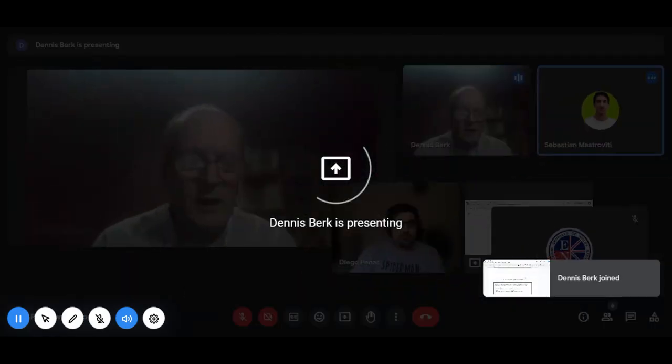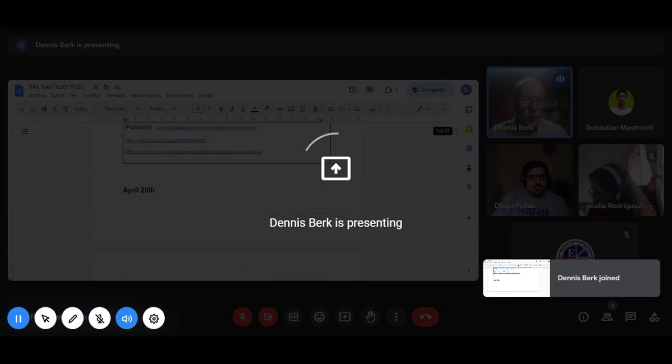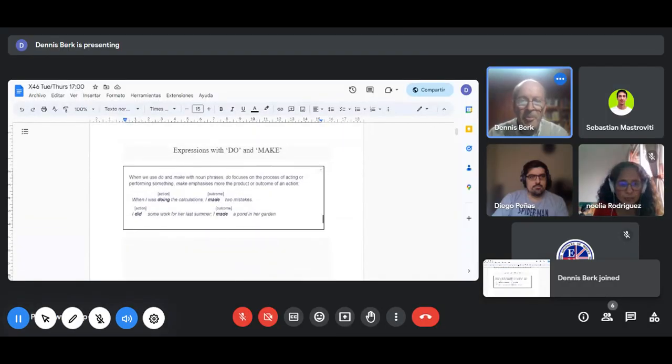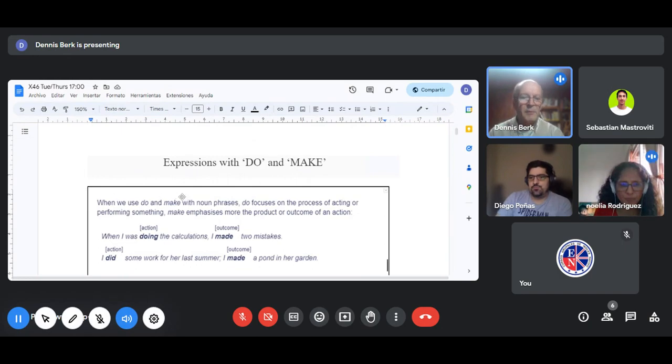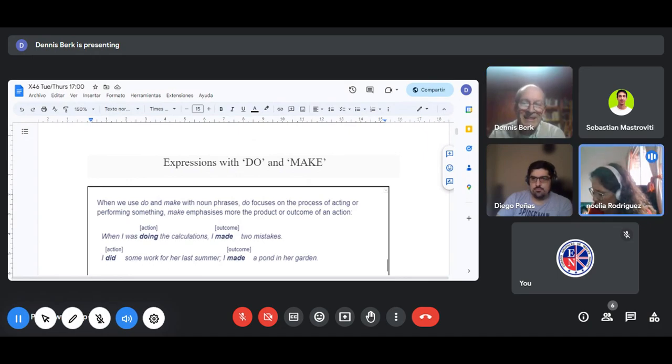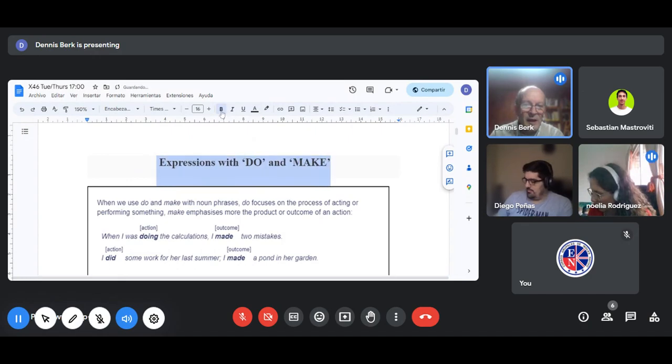All right, guys. I'm sharing with you your whiteboard. We're gonna see today a bit of the differences between do and make.